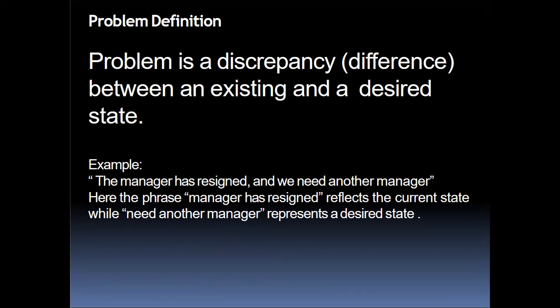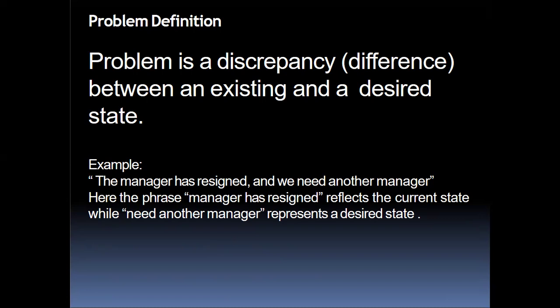Here they have given another example. Say a manager has resigned and we need another manager. The phrase "a manager has resigned" reflects the current state, while "we require another manager" represents the desired state. Once a person resigns from the job, we have to decide to take another person for the same position.